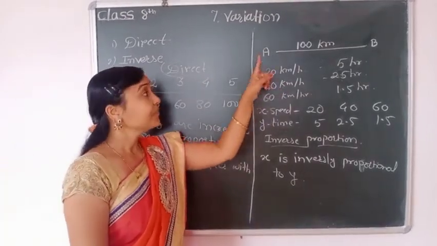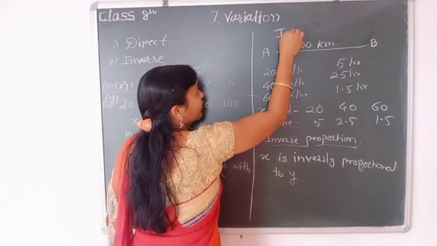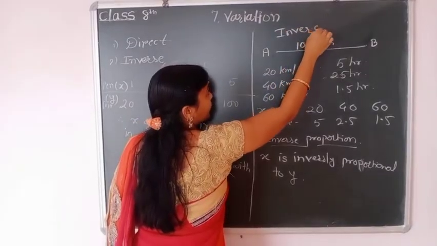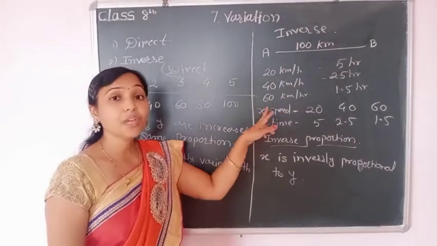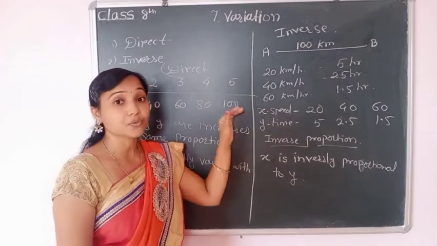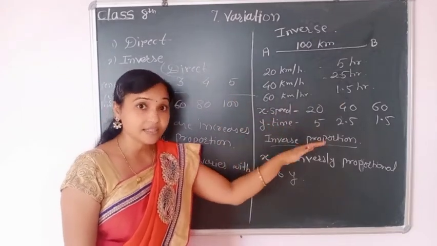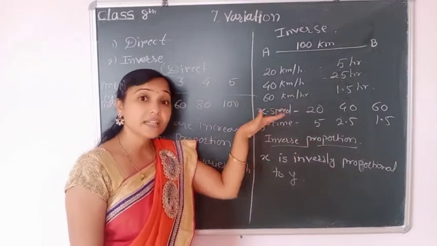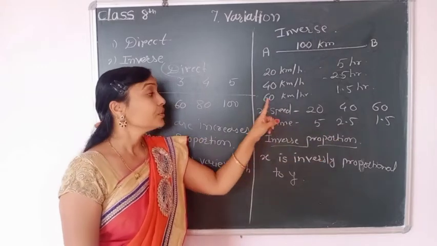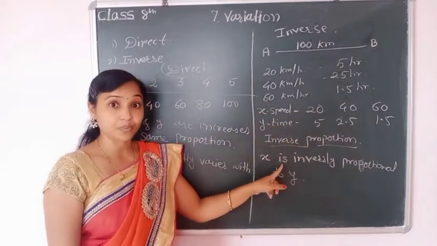Another example is inverse variation. If we have two quantities and the change is such that the first increases and the other decreases, otherwise the first decreases and the other increases, then this is the example of inverse proportion.